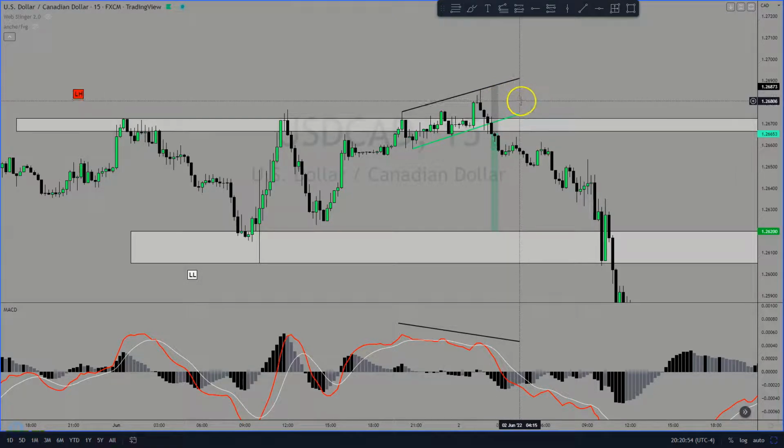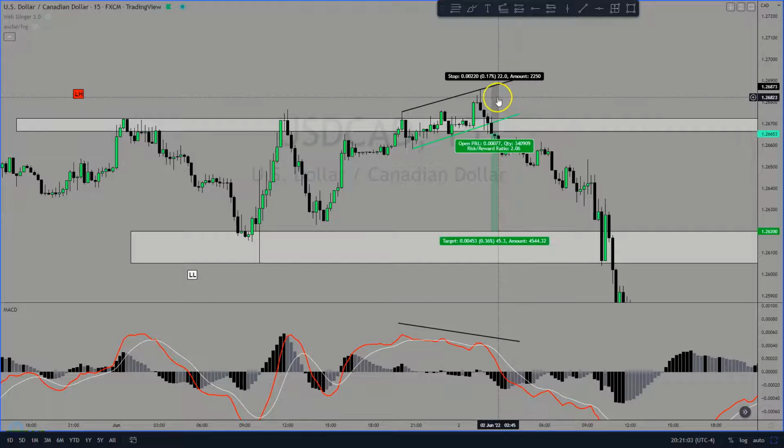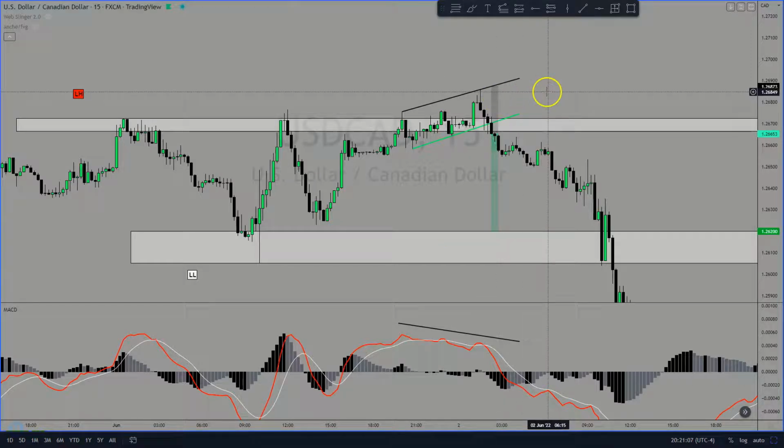And what happened there is my math was off, and I ended up being in a trade sort of over-leveraged. Instead of having a 1% risk here, it was more like 2% risk because of that mistake I made with the lot sizing.